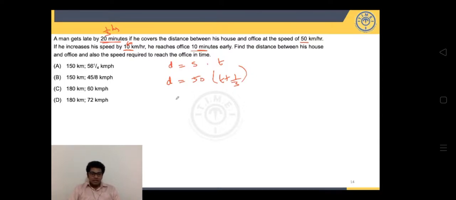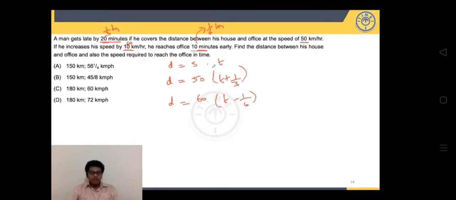Okay, next, if he increases his speed by 10 kilometers per hour, so when the speed is becoming 60 kilometers per hour, he reaches his office 10 minutes early. So what is 10 minutes? 1/6 of an hour. So t minus 1 by 6 hours.